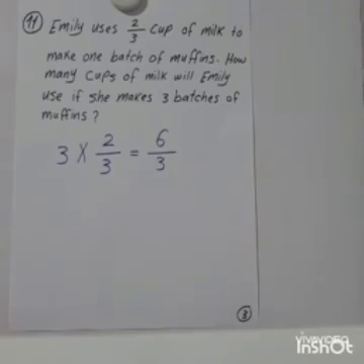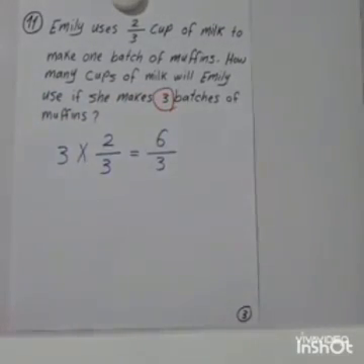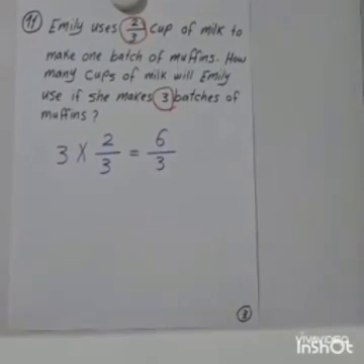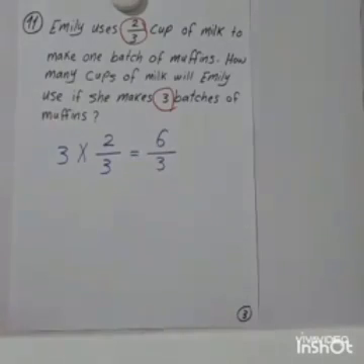How many cups of milk will Emily use if she makes 3 batches of muffins? She needs 3 batches, and she uses 2/3 in each one. So I will make 3 times 2/3 equal 3 times 2 equals 6, and I put the denominator as it is. Thanks, grade 4. We finish lesson 8.3.